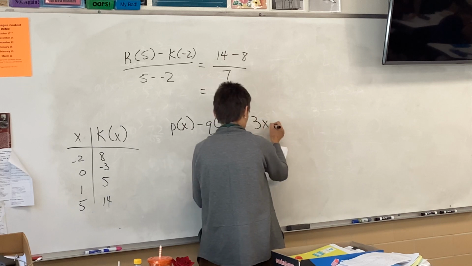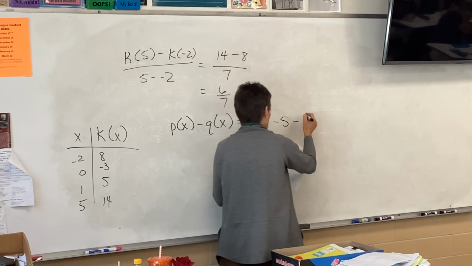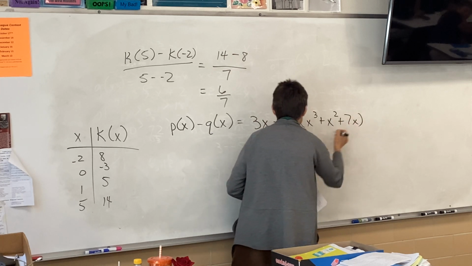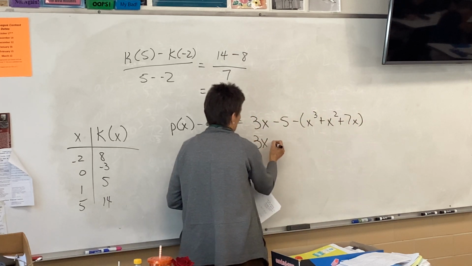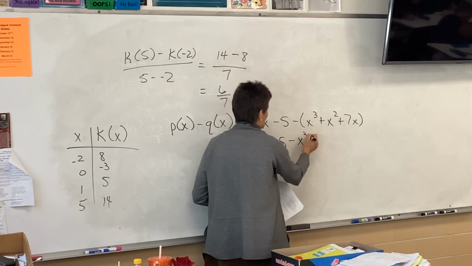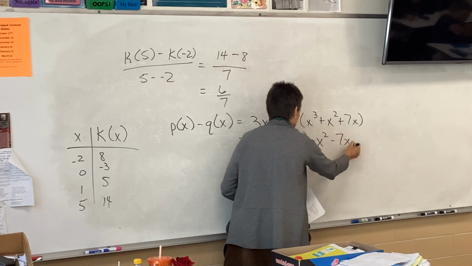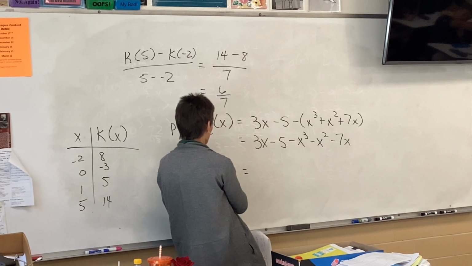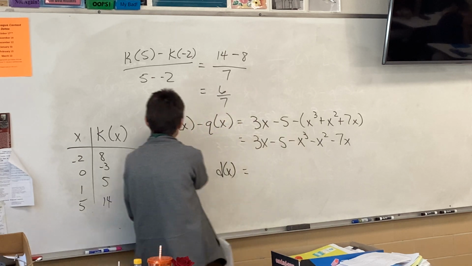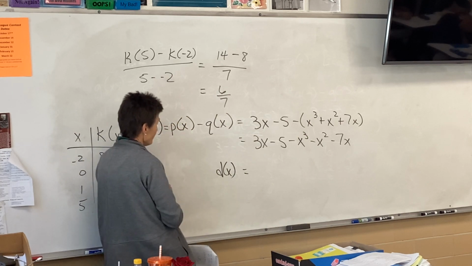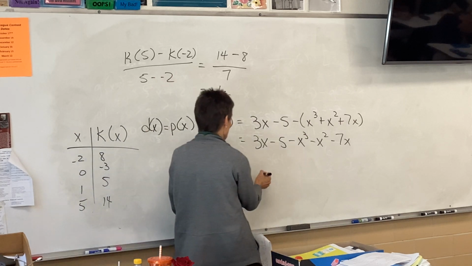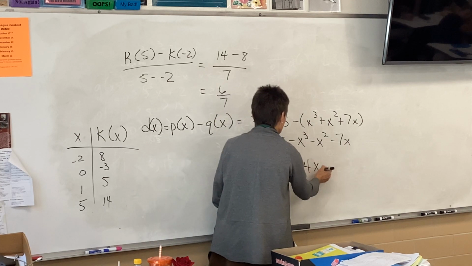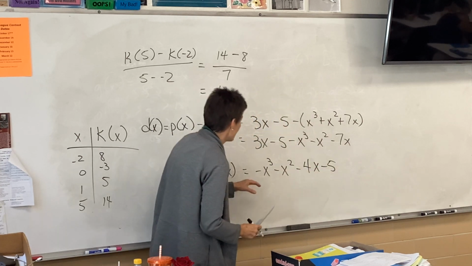So 3x minus 5 minus x cubed plus x squared plus 7x. So the function in question, which I'll call d of x, I'll let d of x be the difference here. So the function in question is -x cubed minus x squared minus 4x minus 5. Did I get everything?